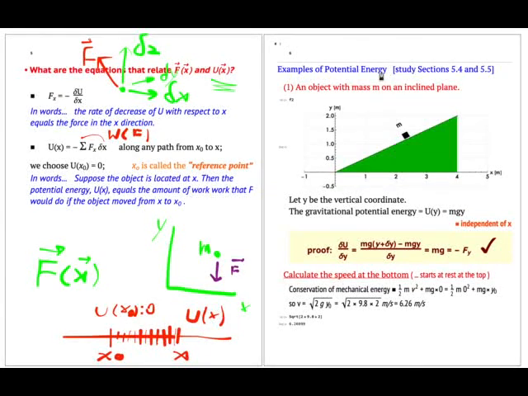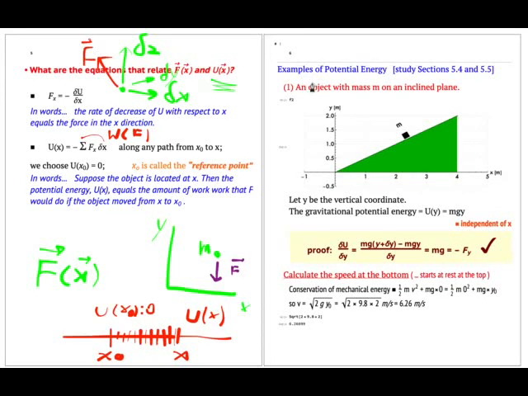Examples of potential energy are given in section 4 and section 5 in chapter 5. So this video is just an introduction to chapter 5. You'll have to go and read chapter 5, and in particular sections 5.4 and 5.5, to see some examples of potential energy.